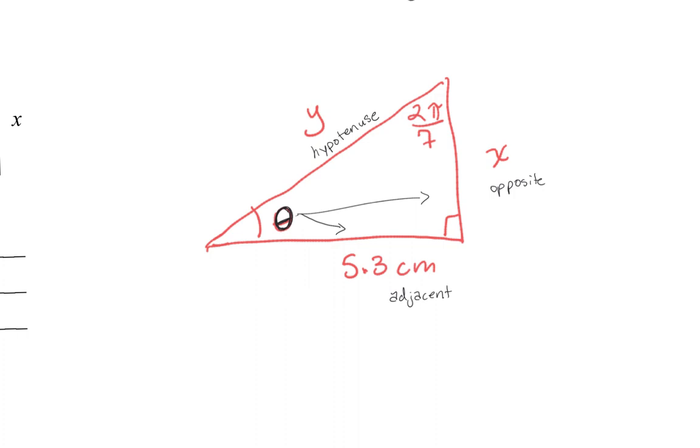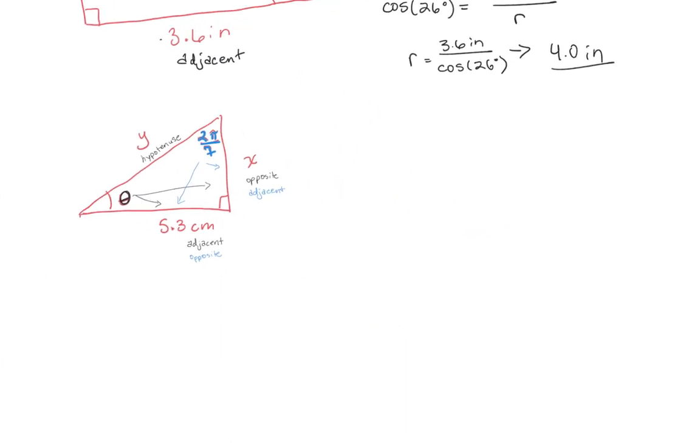Now, we have another angle here, this angle, 2 pi over 7. To this angle, our opposite is our 5.3, and our adjacent is our x. Just remember this because we can use both angles to find our sides.